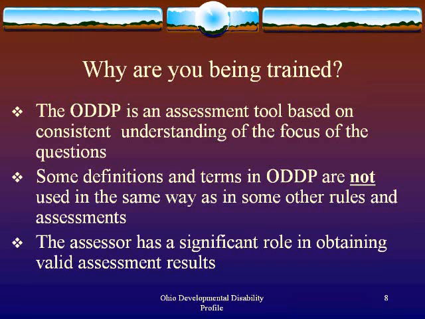Well, it may not mean that here. It depends on what the definition is, according to the DDP. The assessor, of course, you have a significant role in making sure that we obtain these results and that the results are accurate. That's why we're training you and trying to get you to understand these little intricacies of the DDP itself.